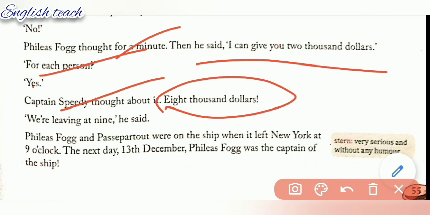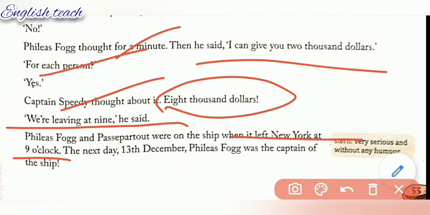And we are leaving at 9, he said, yes. So finally the captain agreed because he was going to get $8,000 for 4 members. And Phileas Fogg and Passepartout were on the ship when it left New York at 9 o'clock.